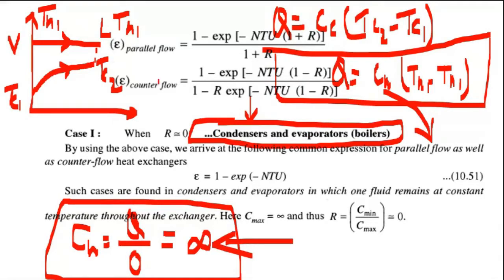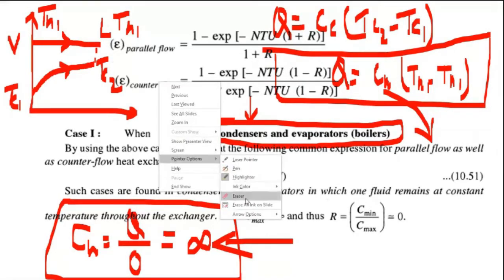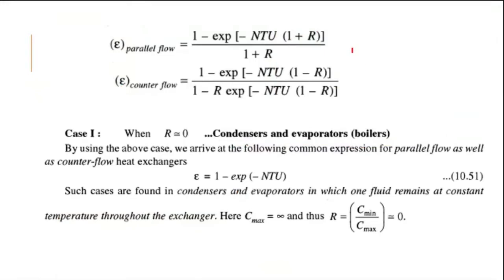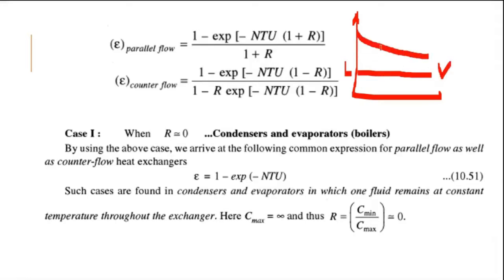condenser. Similarly, if I am talking about an evaporator, what is going to happen? One of the fluids will be entering like this, say in liquid state, and coming out in vapor form. The other fluid will be losing heat continuously. So here the temperature is TH1 and here the temperature is TH2. For the fluid which is changing its phase, the fluid which is evaporating, the temperature is going to remain constant.